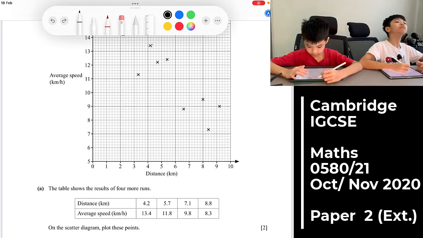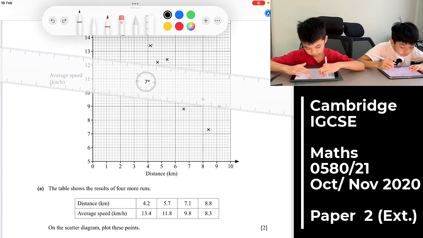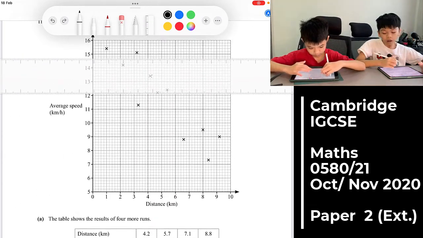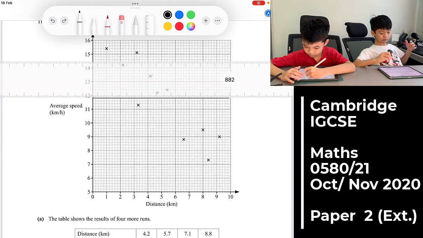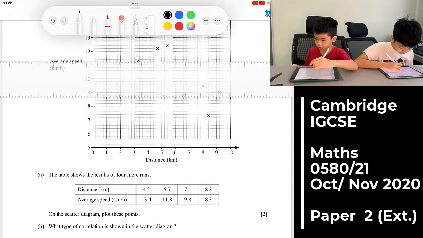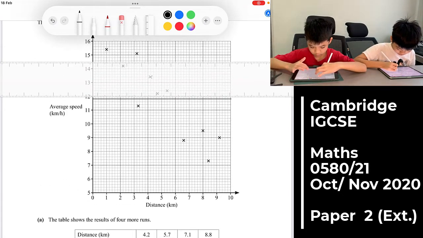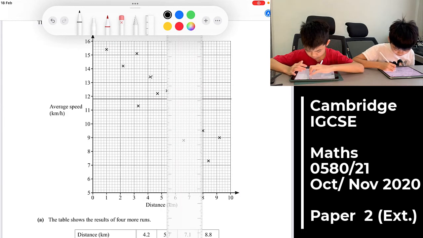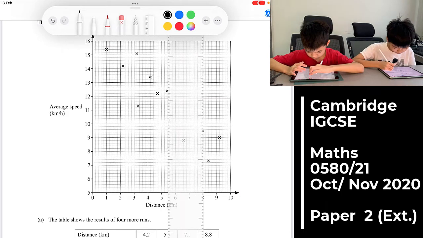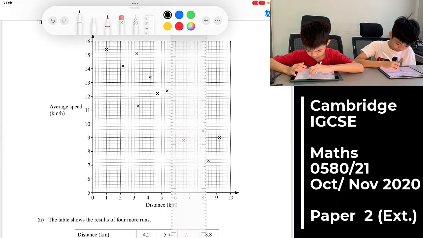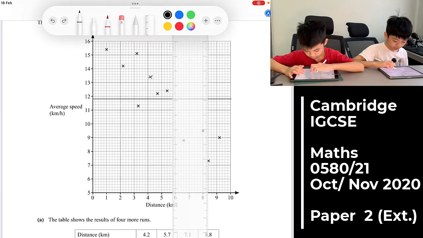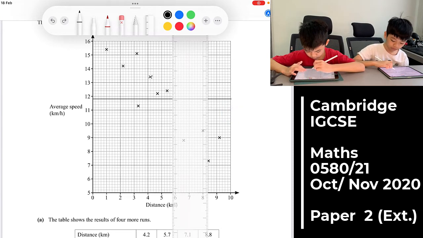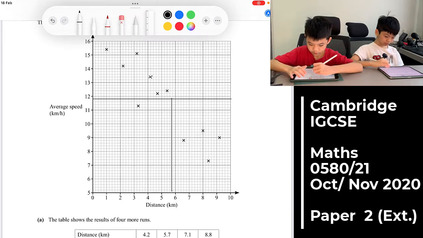And then the next point is 11.8 and 5.7, which is here.